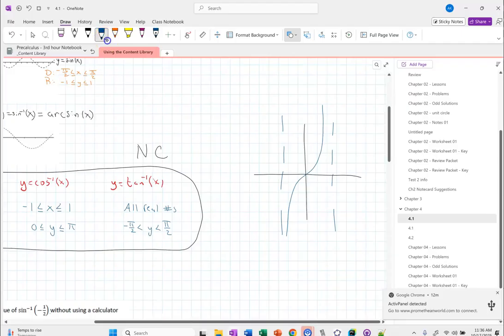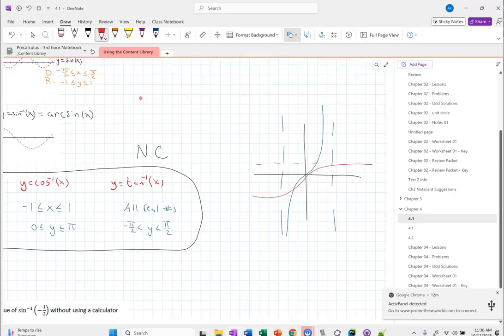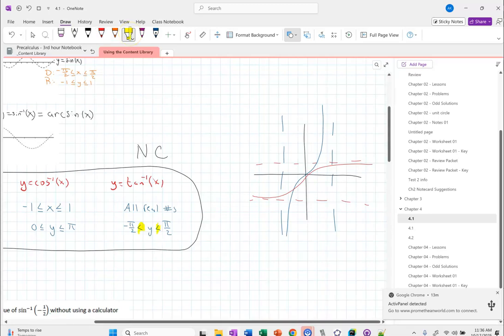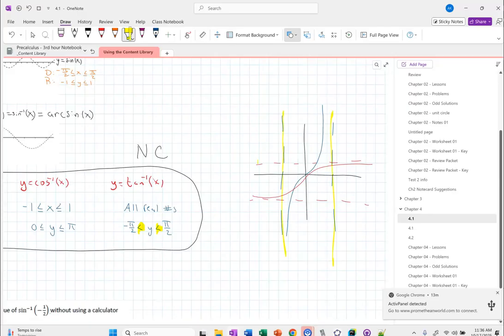So when we reflect it, tangent inverse is going to look like that, where it covers the whole x-axis, but only through 2 specific y's. And notice that these are strict inequalities here, because those correspond to the vertical asymptotes in the graph of tangent, right?